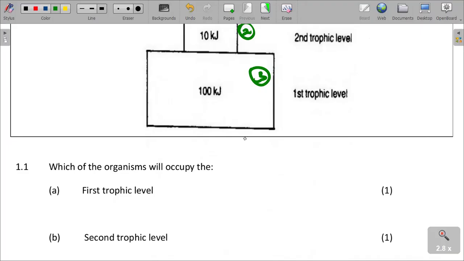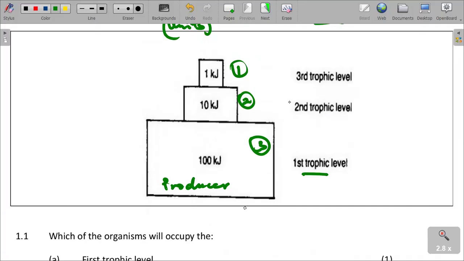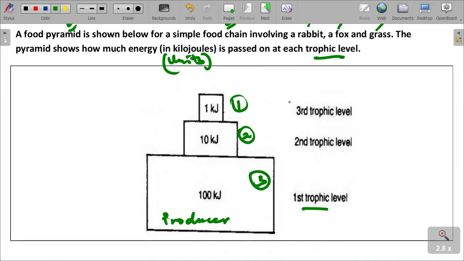So which organism will occupy the first trophic level? What is occupying the first trophic level? Which organism can be there? We are saying it is a producer. Our first trophic level is made of producers. What can be a producer? According to the context that is given, there is grass.